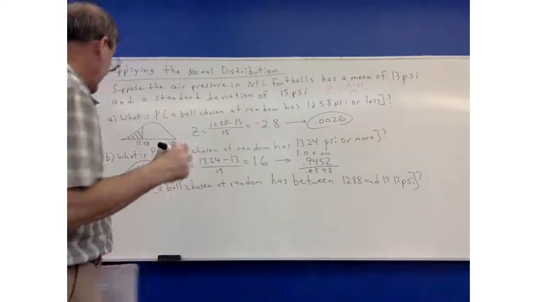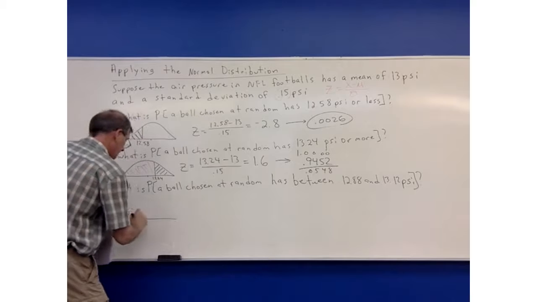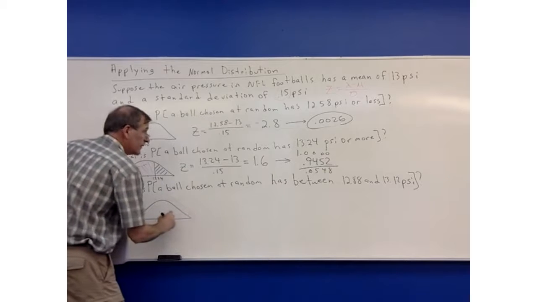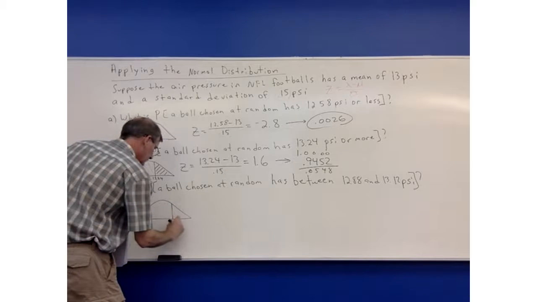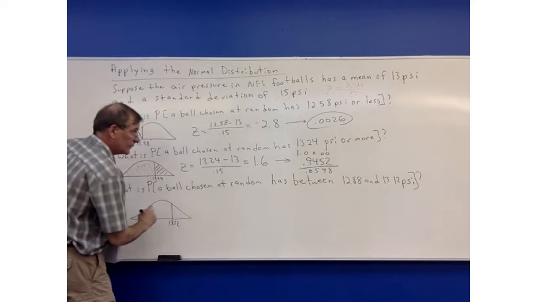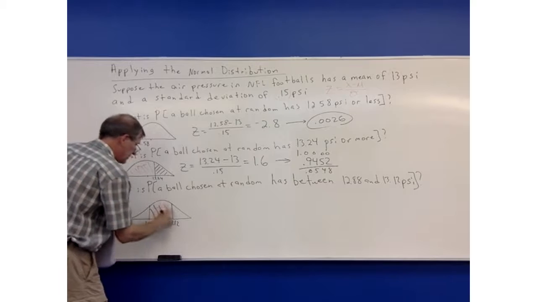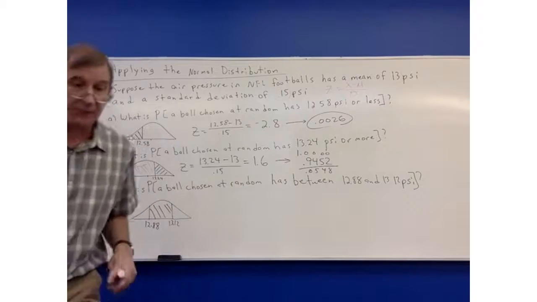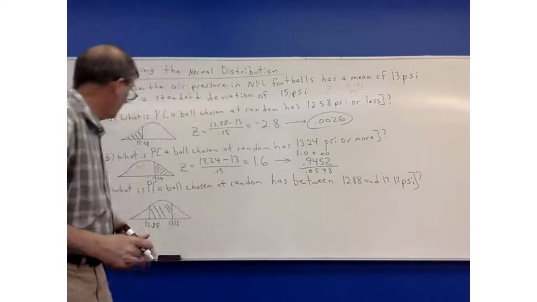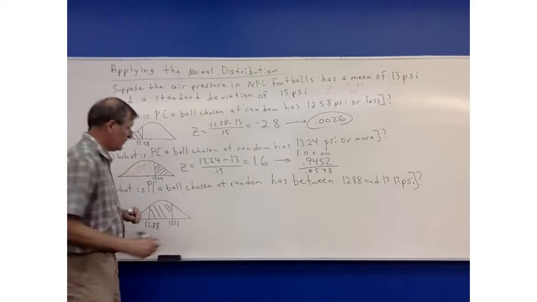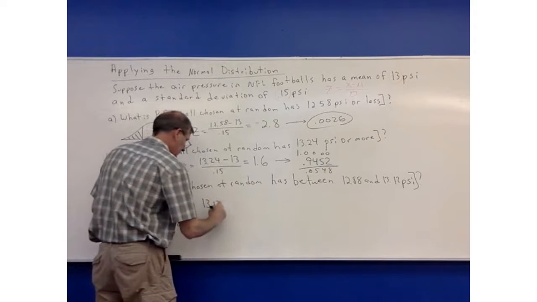Okay, and let's do this one last problem. We've got 13.12 and 12.88. We want the area between. Do you remember the trick from the last lesson? Put the big one on top and the small one on bottom, and the math will kind of work itself out.